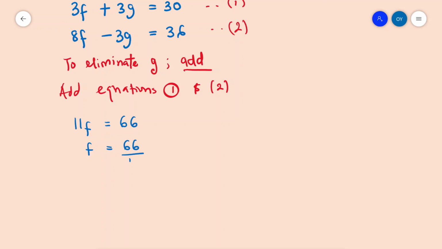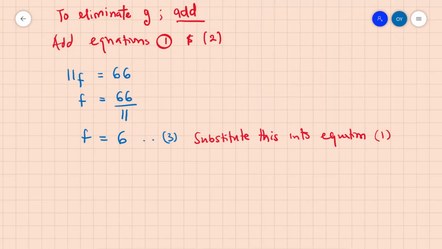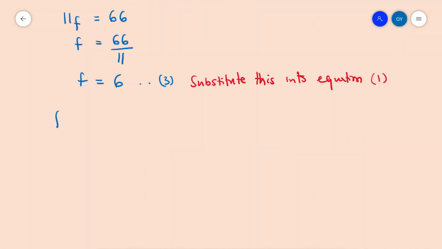So we have 11f, that's 3 plus 8, that's 11f equals 66. f equals 66 divided by 11. This implies that f equals 6. f equals 6 is our equation 3, and we can substitute this in any of the equations.